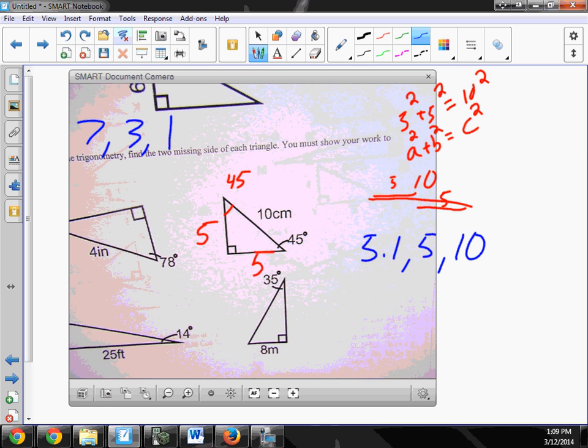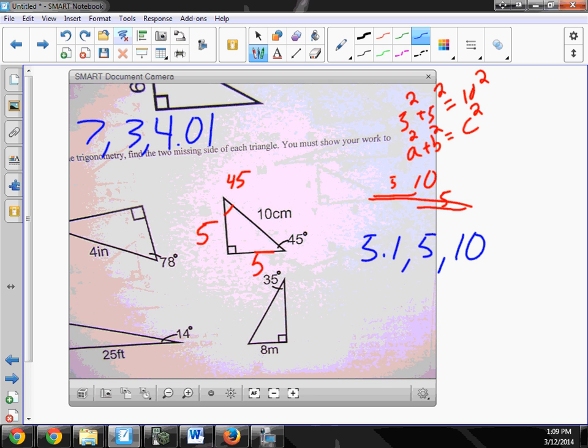If you had a length of 7, a length of 3 and a length of 1, 3 plus 1 has to be bigger than 7. So if this was a 4, would it work? Still wouldn't work. What if it was a 4.01? Yes. So the two small sides of a triangle are longer together than the third side. That's called the triangle inequality.